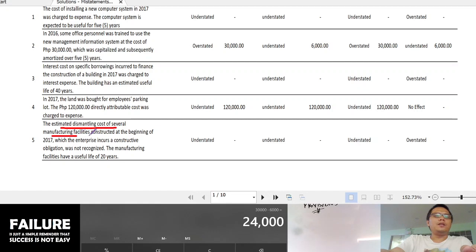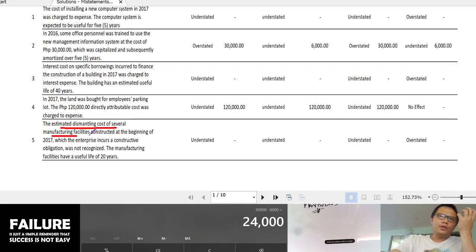this manufacturing facility, okay? Now, this is very common, especially in the case if the particular asset that you are constructing basically will have an effect environmentally, no?